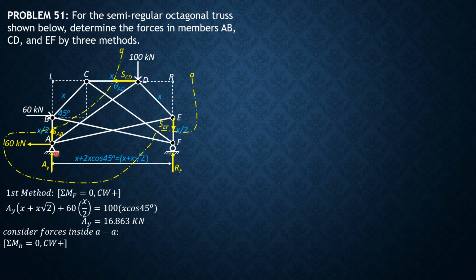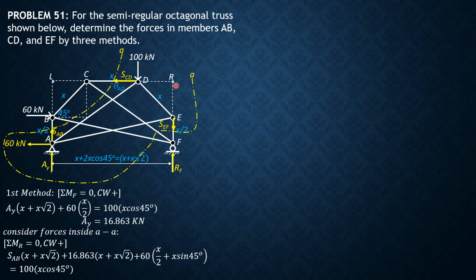Clockwise positive, so we have SAB times quantity X plus X square root of 2, plus AY, which is 16.863, times quantity X plus X square root of 2, plus 60 times X over 2 plus X sine 45, equals 100 times X cosine 45.